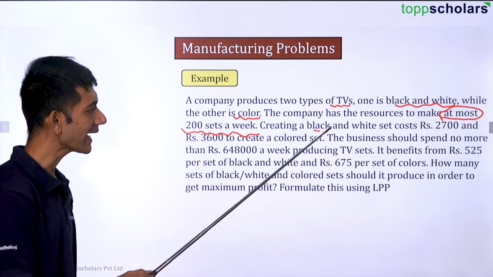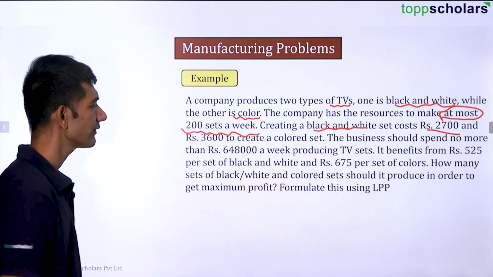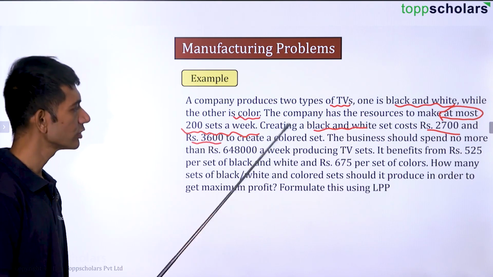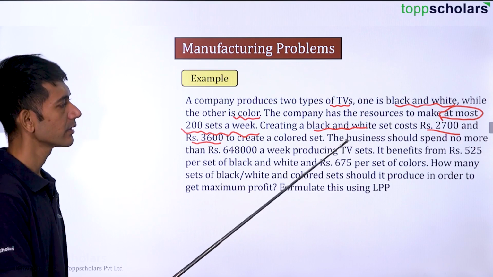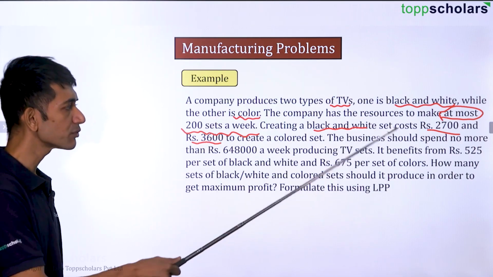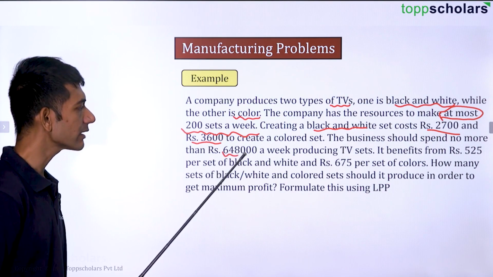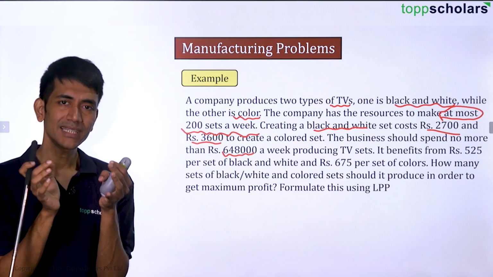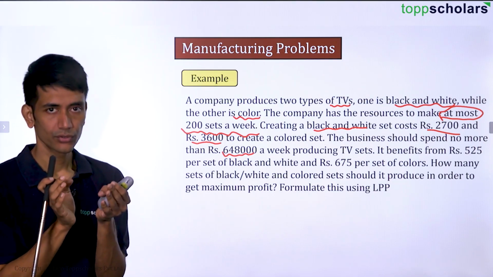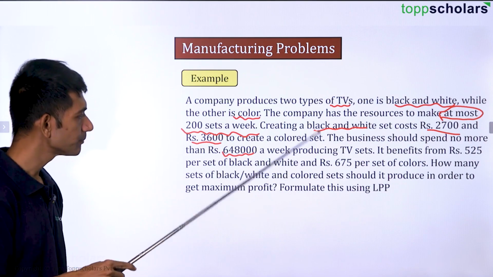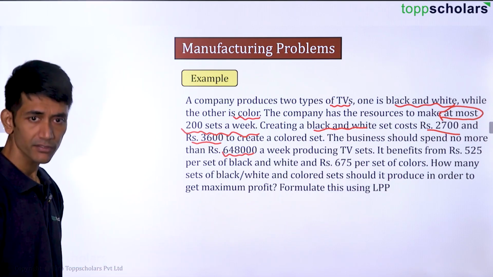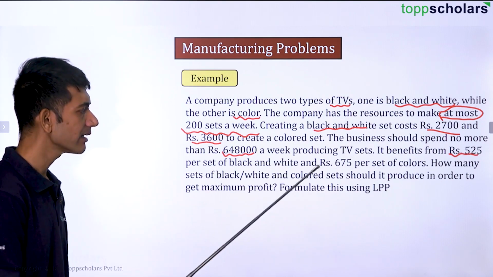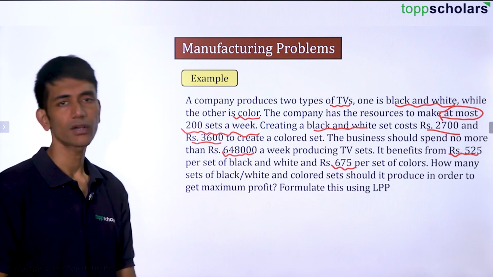Creating a black and white TV costs rupees 2700, and 3600 rupees is the cost to create a colored set. The business should spend no more than 6,48,000 rupees a week. So their maximum budget, the maximum money that they can spend, is 6,48,000. They cannot go beyond that. It benefits from rupees 525 per set of black and white and rupees 675 per set of colors.